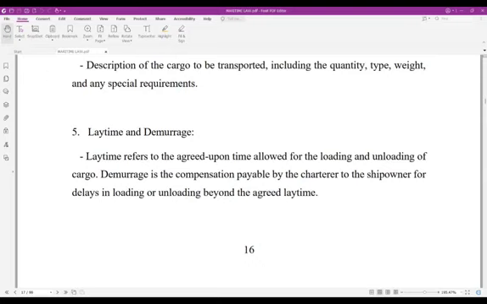As such, a compensation will be made, payable by the charterer to the ship owner, should there be any delay in this process.